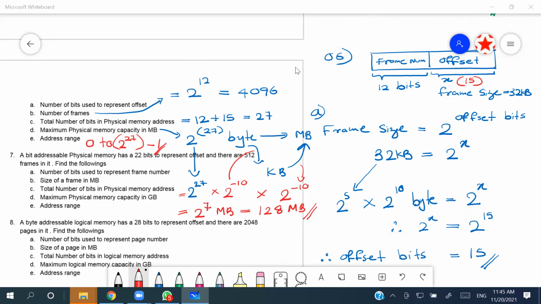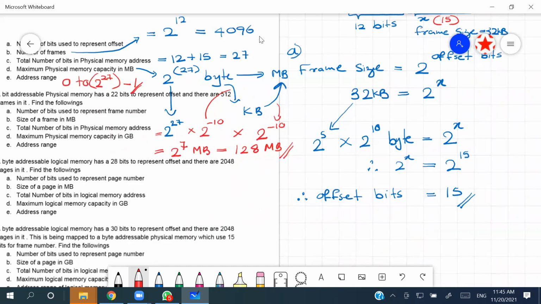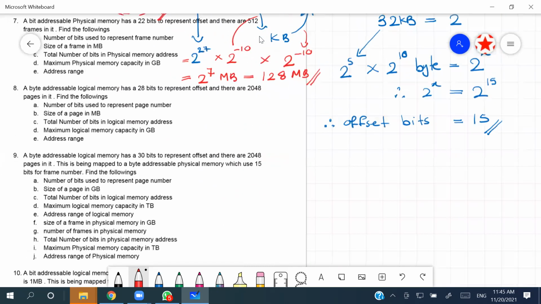Anyone who has not done with the 7th question? Okay, so I'm moving to the 7th one.